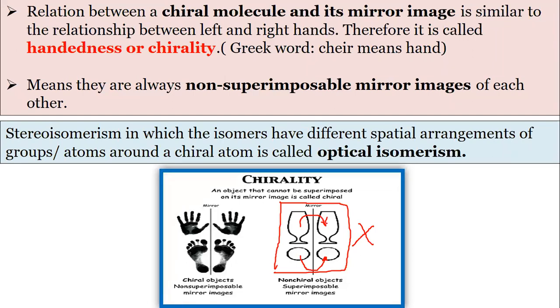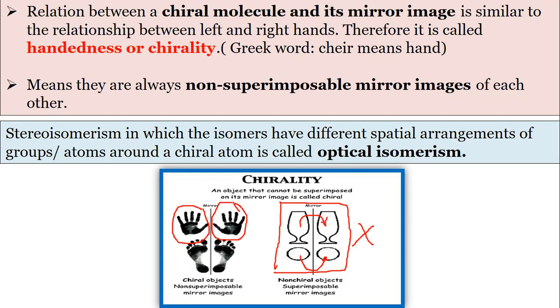What can you call these images? Superimposable means they fit on each other. Mirror images which cannot fit on each other are called non-superimposable. We can see this is the left hand and this is the right hand, two hands, one left and one right, which cannot fit on each other.